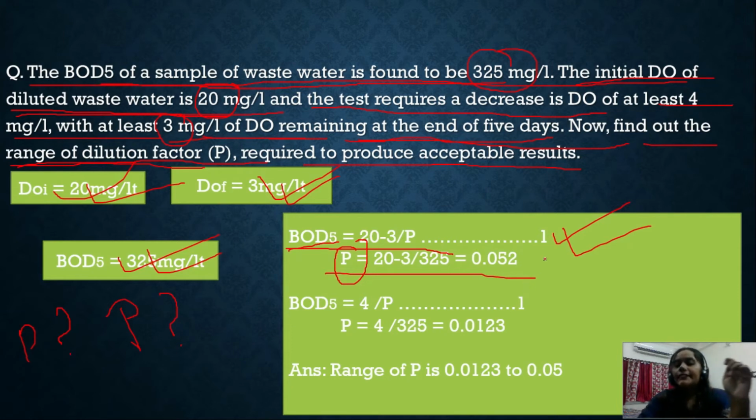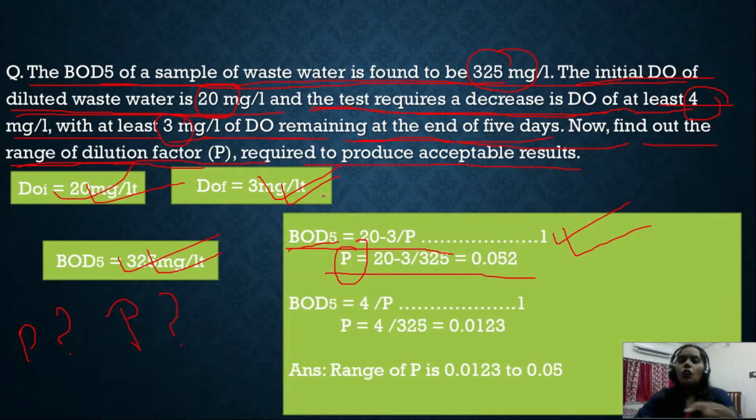Now this is value number 1. So how can we get the second value? Again check the question. Here we have one more data: the test requires a decrease in dissolved oxygen of at least 4 milligram per liter.